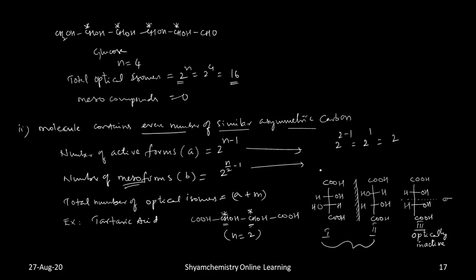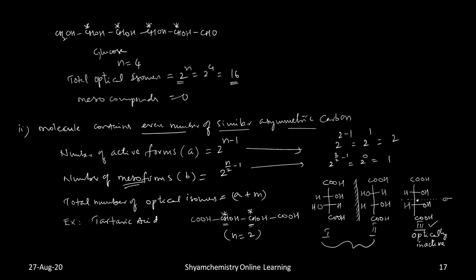Coming to the number of mesoforms, here n is equal to 2. 2 to the power of 2 by 2 minus 1, that equals 2 to the power of 0 equals 1. Here the third structure is 1.